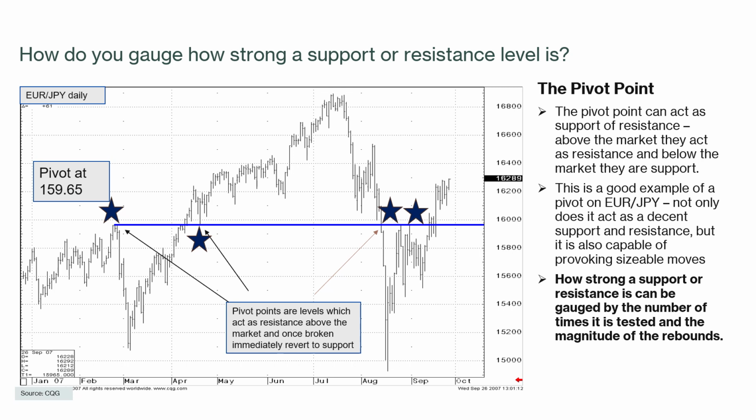And how strong it is can be gauged by the number of times it's tested and the magnitude of the rebounds. We can see, for example, in February, that test provoked quite a sharp sell-off. And when the market was breached in April, that test and rebound from it resulted in a strong rally.